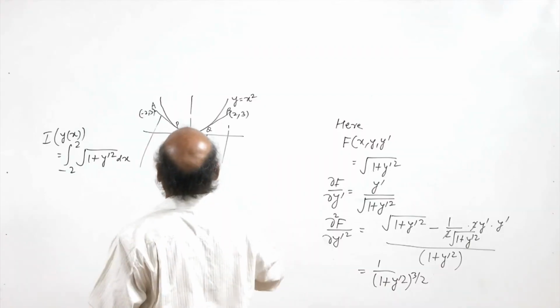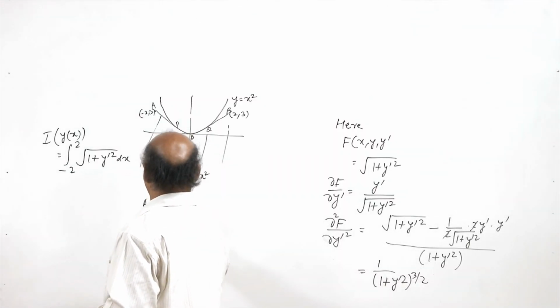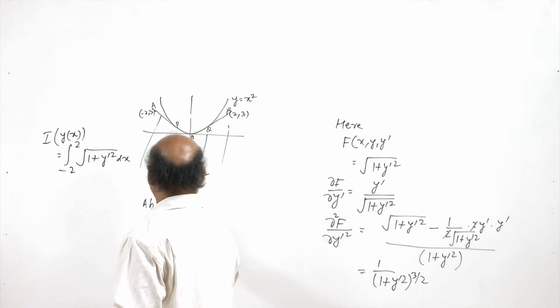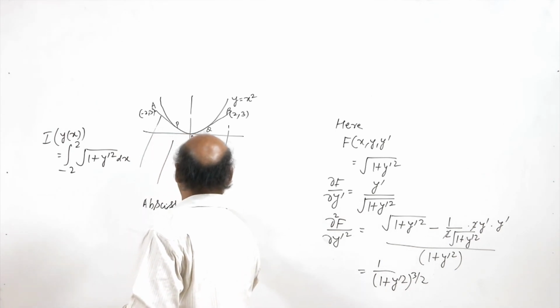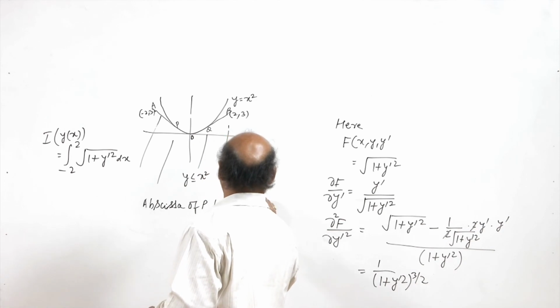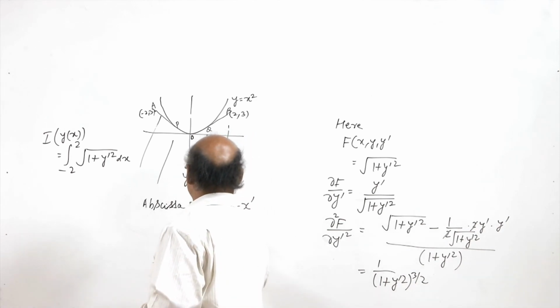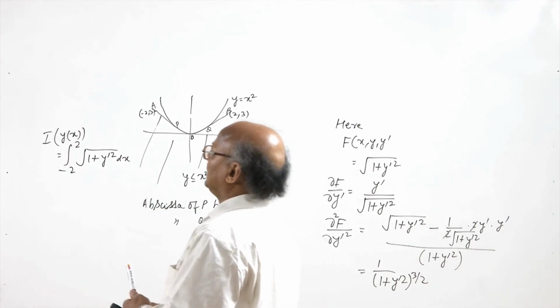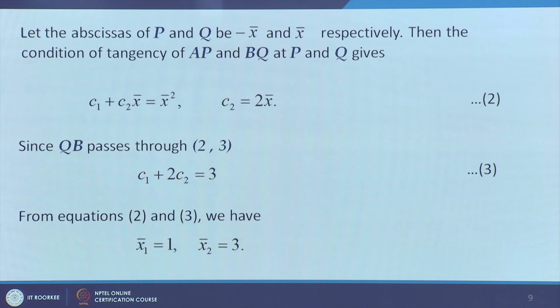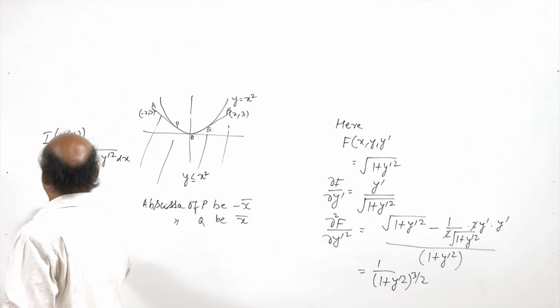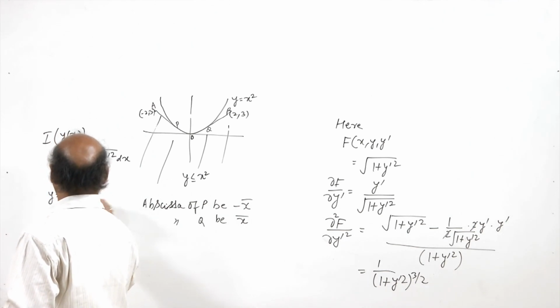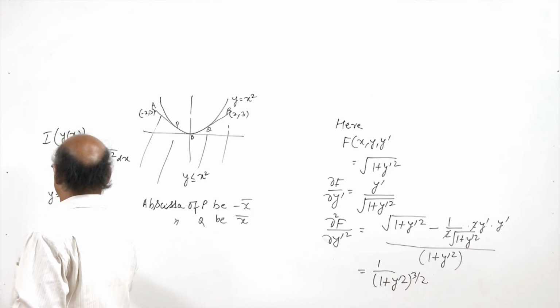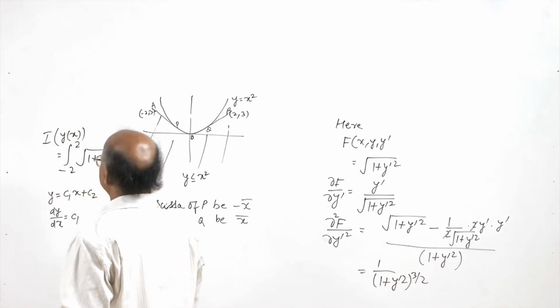So let us say that the abscissa of P and Q be minus x bar and x bar respectively. So let abscissa of P be minus x bar because they are symmetric, and abscissa of Q be x bar. Then the condition of tangency of AP and BQ at P and Q gives, now y is equal to C1x plus C2, so dy by dx is equal to C1.